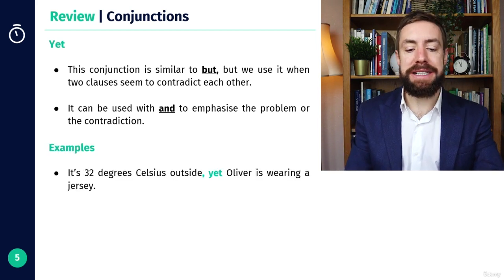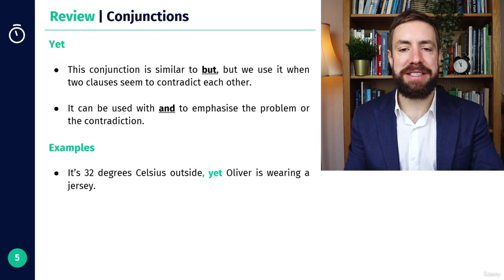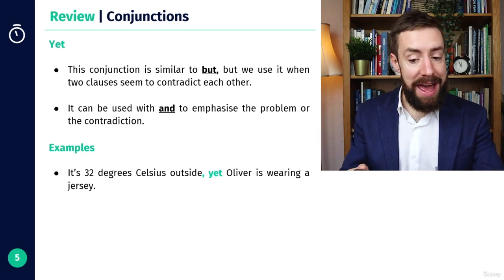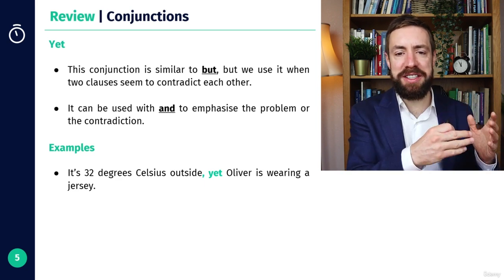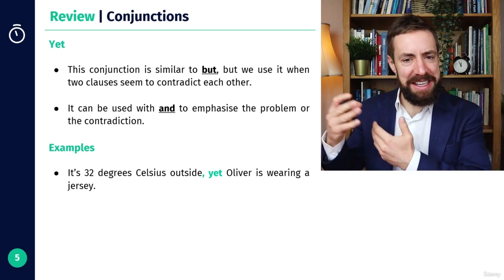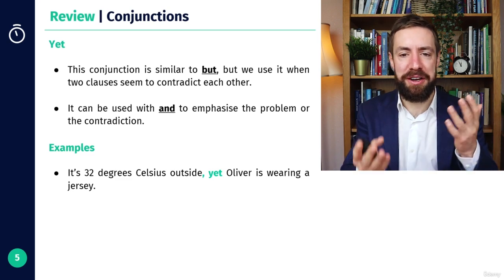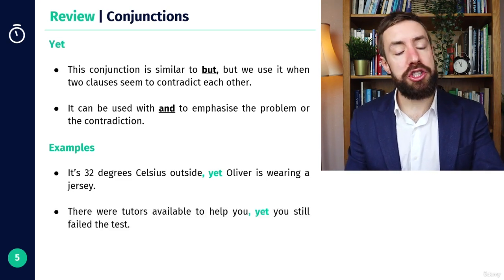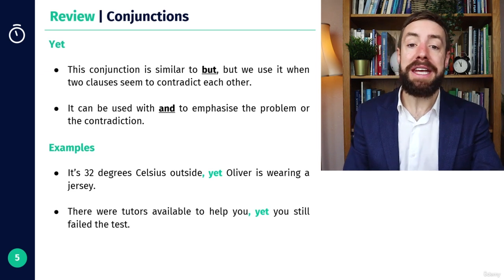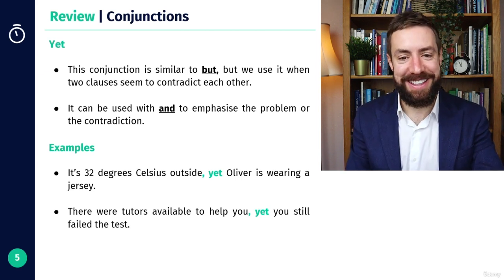So it's 32 degrees Celsius outside, comma, yet Oliver is wearing a jersey. So it's hot, yet he's got lots of clothes on. So it's not very logical. It doesn't really make sense. There were tutors available to help you, yet you still failed the test.